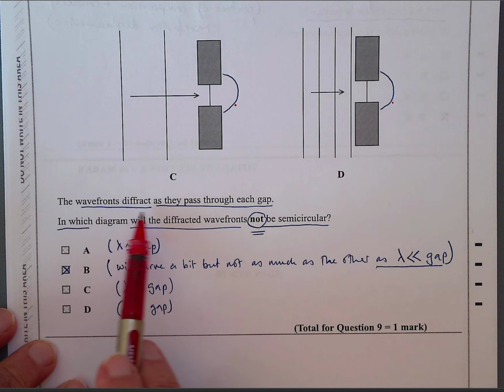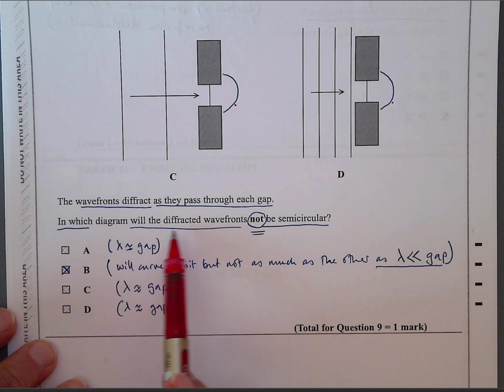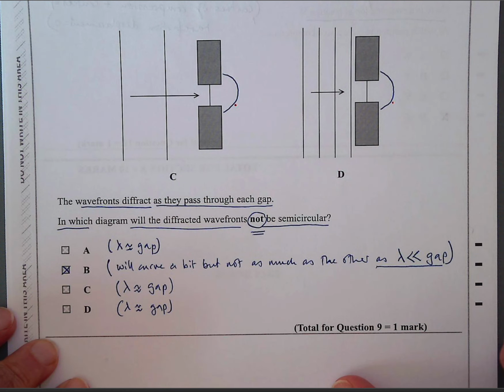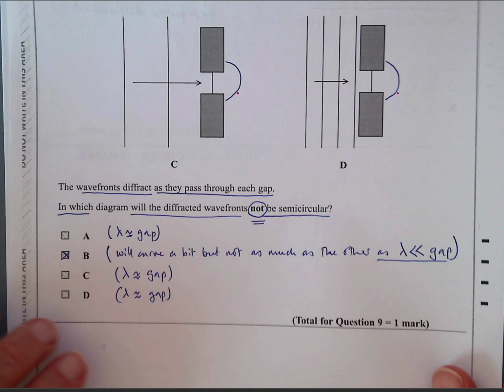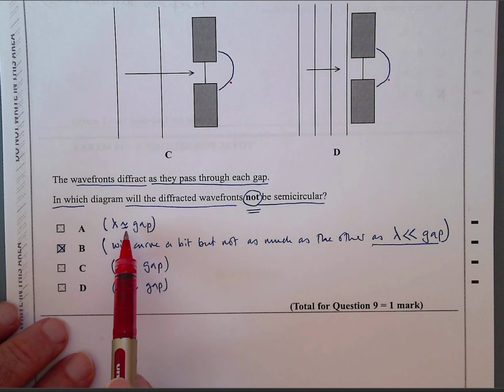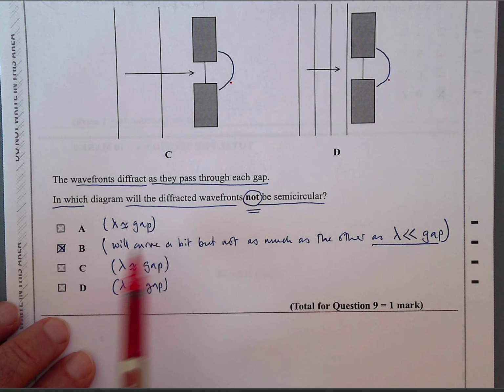The wavefronts diffract as they pass through each gap, as I've explained. In which diagram will the diffracted waves not be semicircular? Well, you saw my diagrams. The one which is least semicircular is diagram B. Why is that? For A, lambda is approximately equal to the gap, so that's going to be circular, or semicircular.